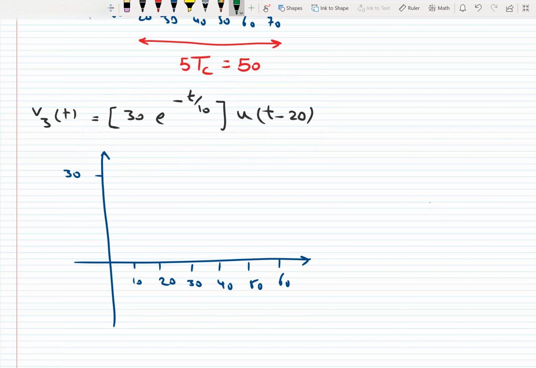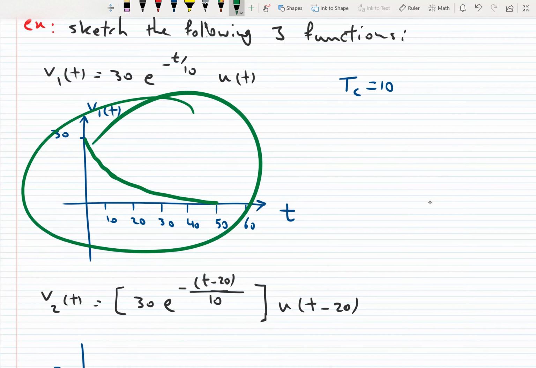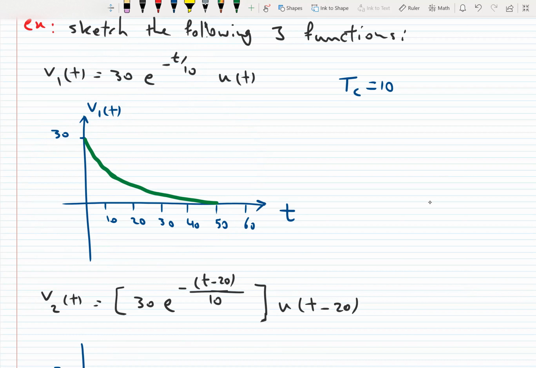The signal starts from 0 like this. I show it with a dashed line for now. Okay, this one is the signal. It's exactly the same as the previous signal, because the exponential parts are the same, and the only difference is u of t.